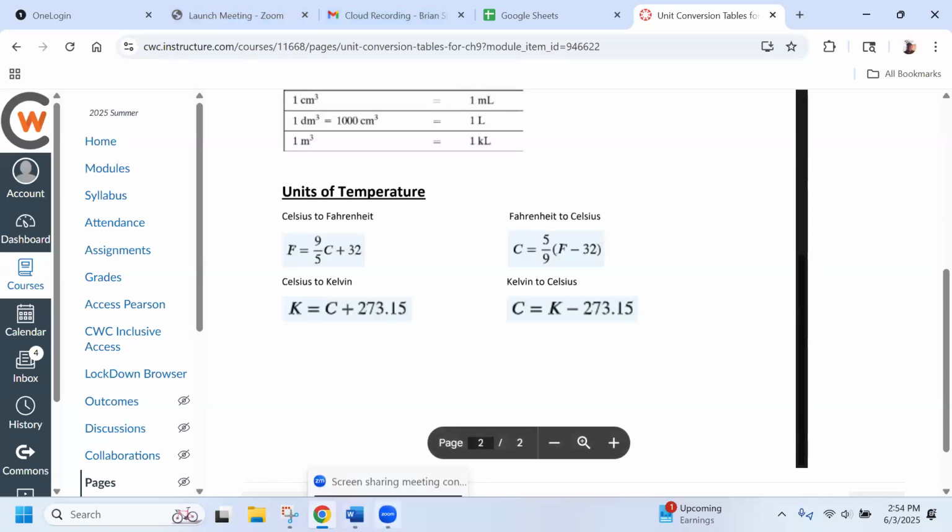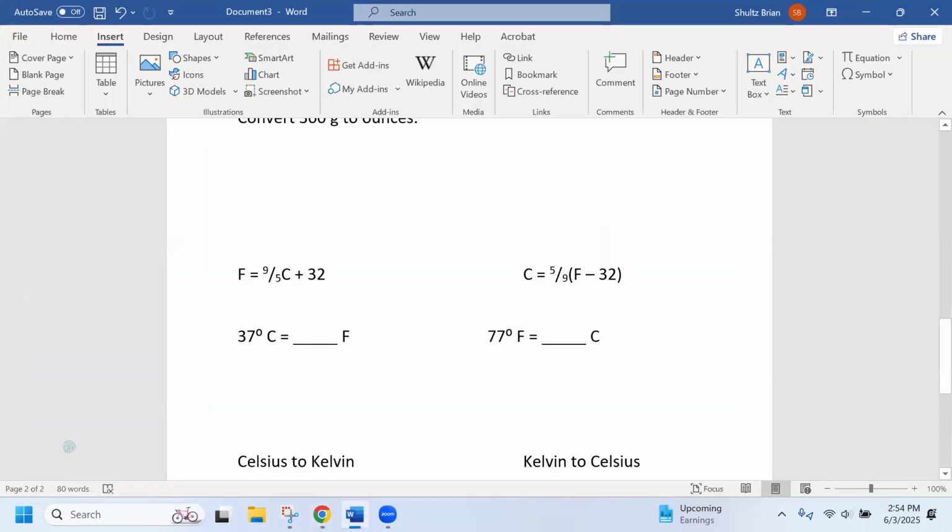So I've got Fahrenheit equals 9/5 times C plus 32. If I have 37 degrees Celsius, what is the temperature in Fahrenheit?